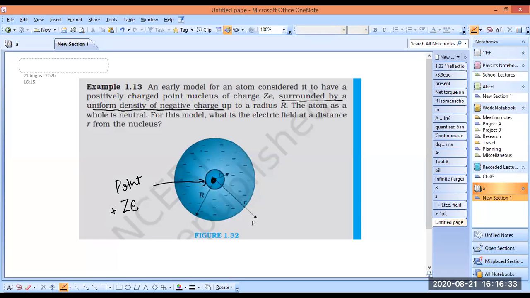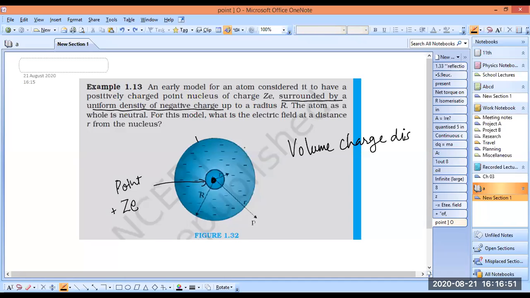So in this whole volume, as you are seeing in this picture, there is negative charge. This is a volume charge distribution, that is, charge is on the entire volume, not just on the surface, but also inside, everywhere. And its density is uniform, that is same everywhere. And its radius is r, given in the question.